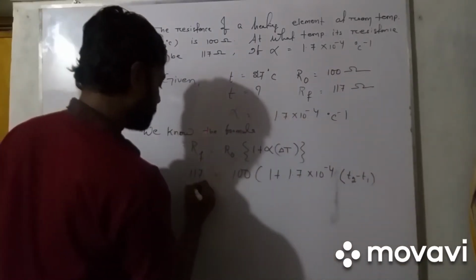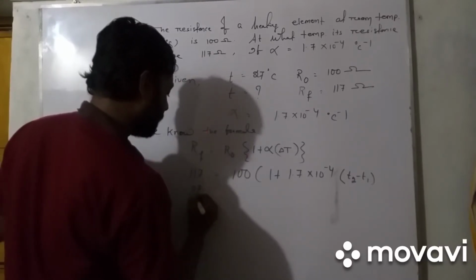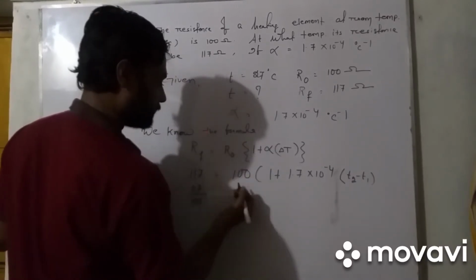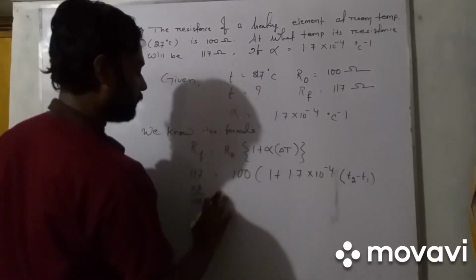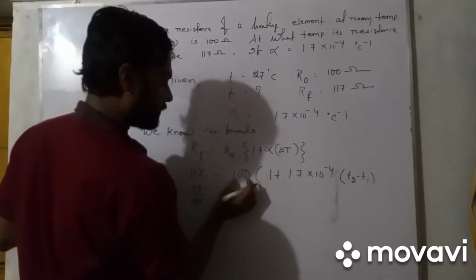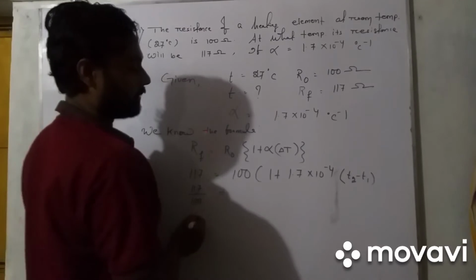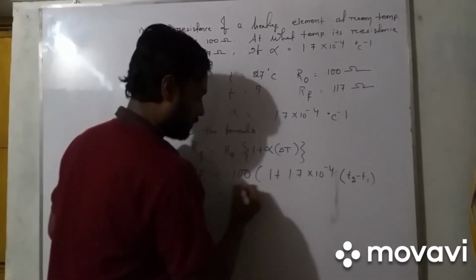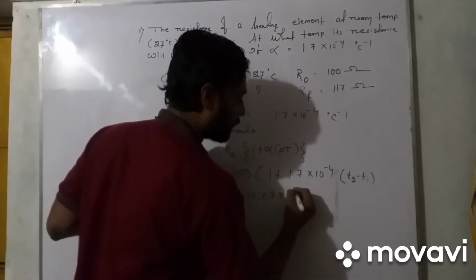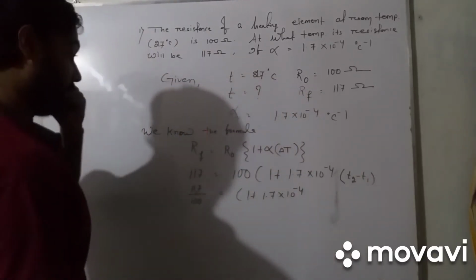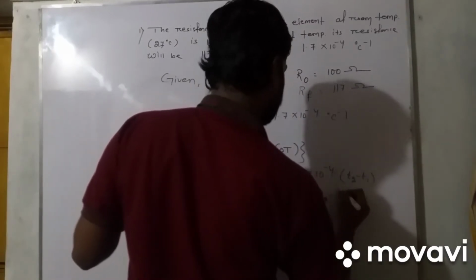So here we write 117 divided by 100, minus 1, which is equal to 1.7 into 10 to the power minus 4 into T2 minus 100.